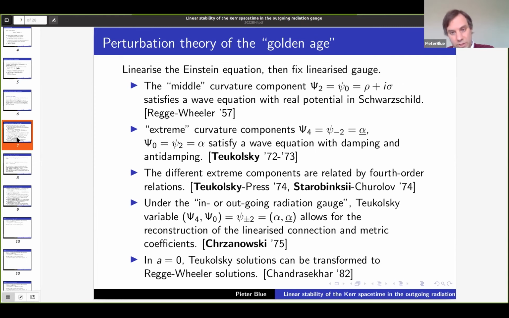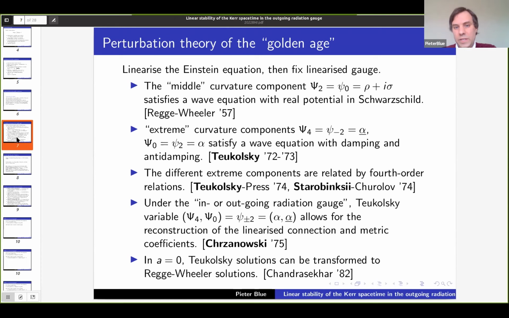It's tensorial. It's not a scalar. It's got some sort of spinorial geometric structure to it. But more importantly, for this purpose, it's got both damping and anti-damping in different regions. And the anti-damping makes it very difficult to treat in the way that one would normally treat wave equations.